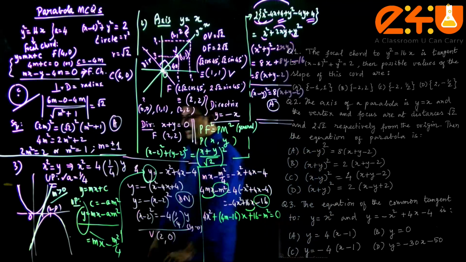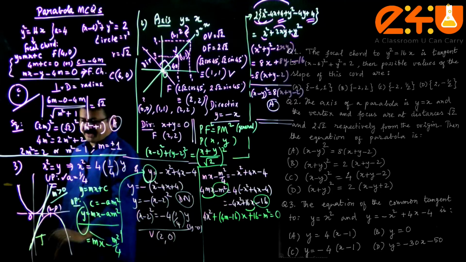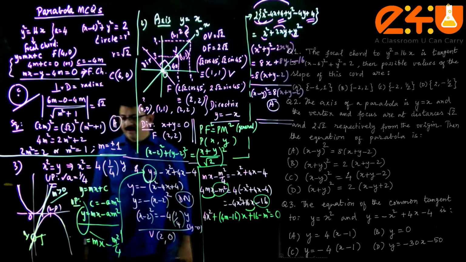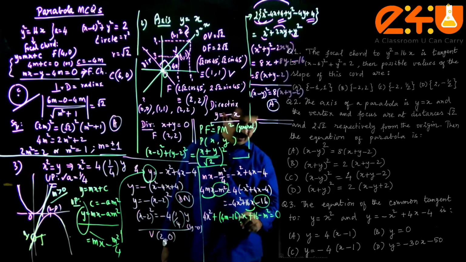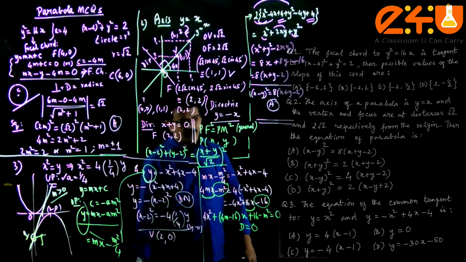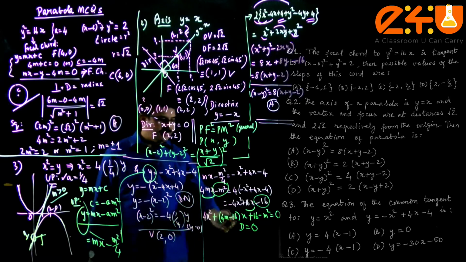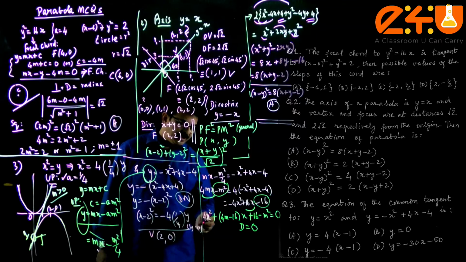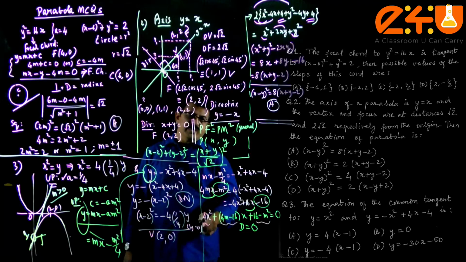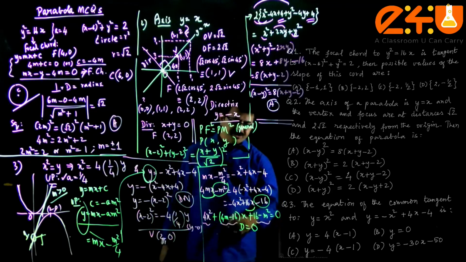We are interested in getting a tangent, which means the solution for x is unique. So there are no 2 roots, it has to be a singular point, which means roots are equal, which means discriminant must be 0. Applying the condition discriminant is 0, what do we need to get the discriminant? We need A, we need B, we need C. A is the coefficient of x square, B the coefficient of x, and C the constant.